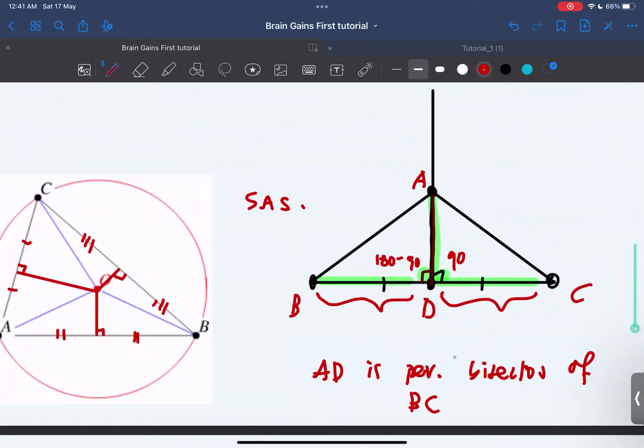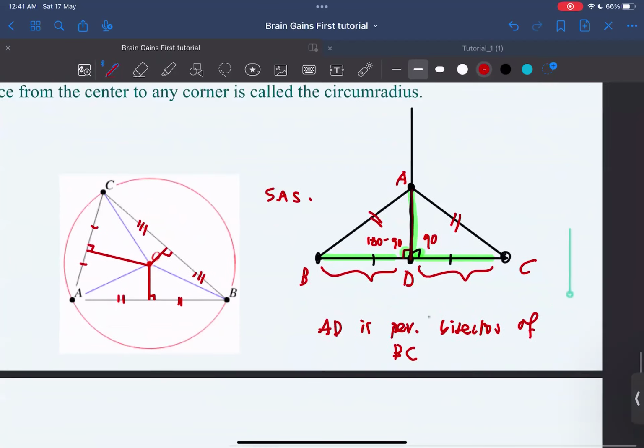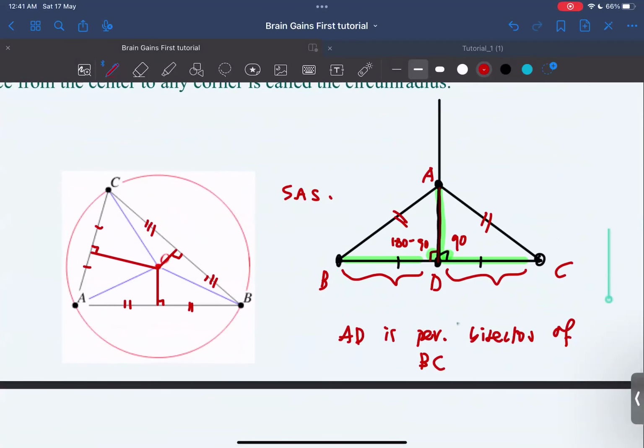Now the condition for congruent triangles is that the corresponding sides are equal. So that would mean that AB is equal to AC, right? So that's another way we can prove that it's an isosceles triangle, with the perpendicular bisector in place.